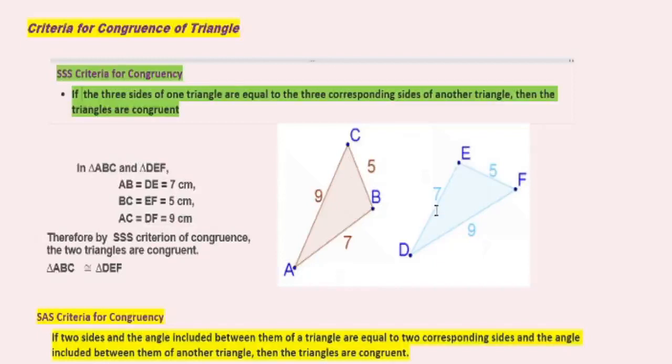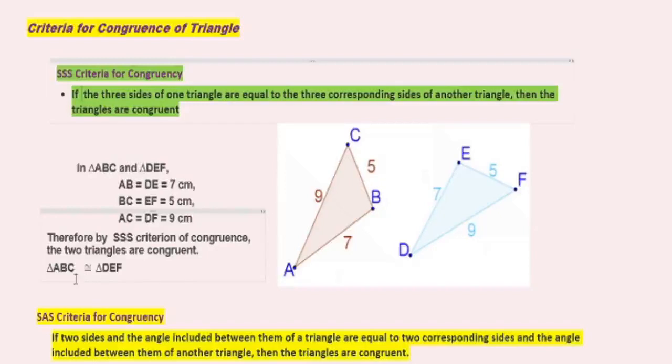So you can see in these two triangles the corresponding sides are equal. That is AB corresponding to DE, BC corresponding to EF and AC corresponding to DF. So by the SSS criterion of congruence, we can write the two triangles are congruent.